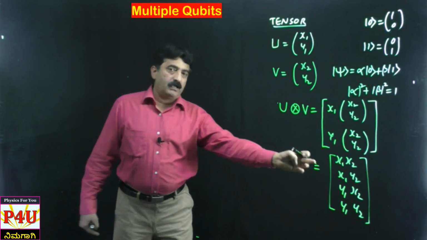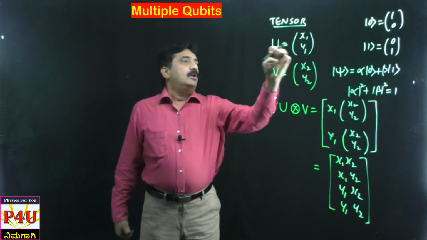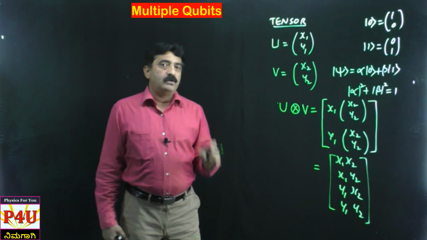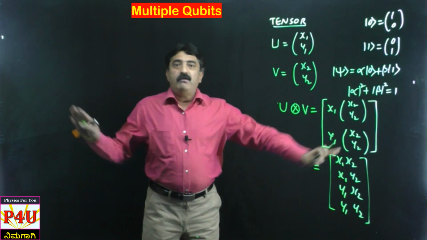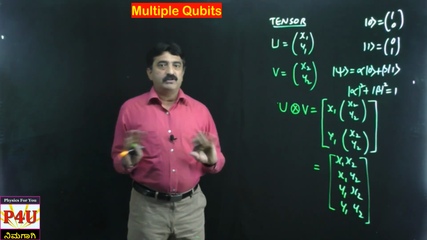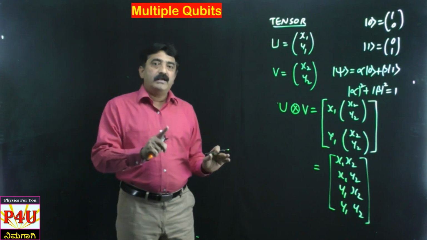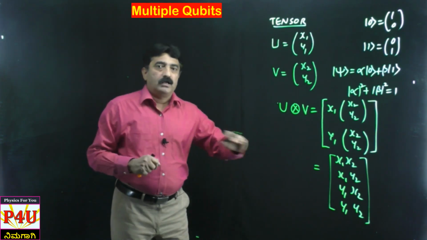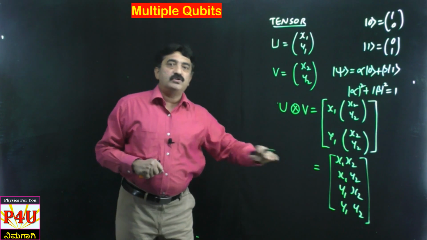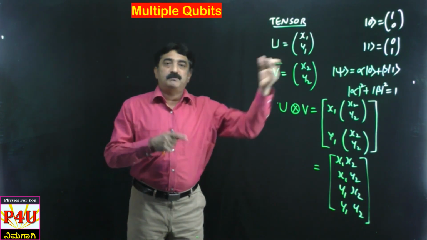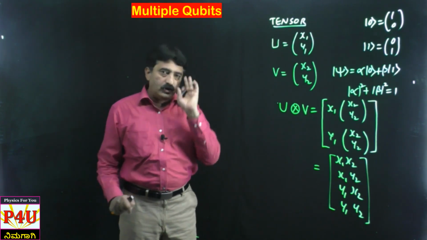Okay, before that, let me come back to this. If there are two vectors with two dimensions, we deal with only two dimensions, not 3 or 4, because for us only two states are required: down state, up state, ground state, excited state, spin up, spin down, left, right, like that. Only two.